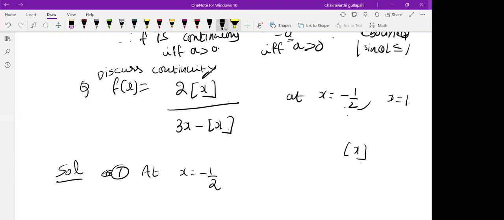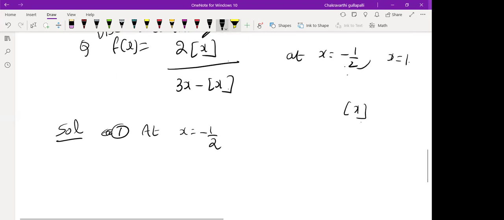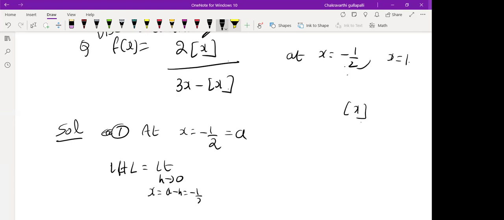Whenever box x (the greatest integer function) comes, we have to go for the LHL concept. So we have to calculate the limit, this is LHL: limit h approaching 0, x less than minus 1 by 2. This is our a. Less than a means a minus h. So minus 1 by 2 minus h of f(x).